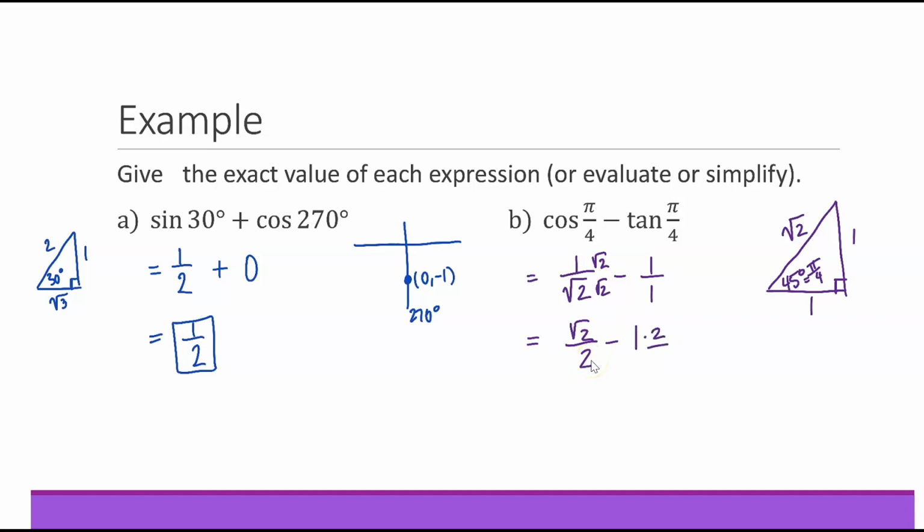So essentially, I'm multiplying the top and bottom here by 2. 2 over 2 is the same as 1. And now since they have the same denominator 2, I can subtract across the numerator, which is just going to leave me with the square root of 2 minus 2, all over 2. So here, this would be my simplified answer. I combined by forming those common denominators after I rationalized.